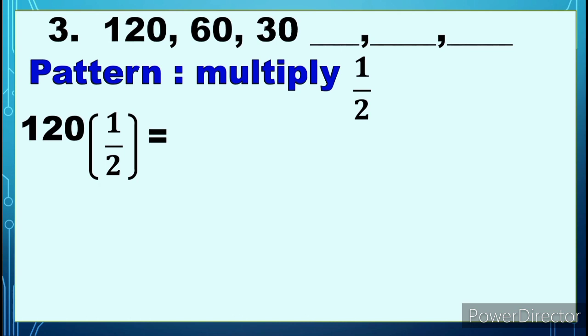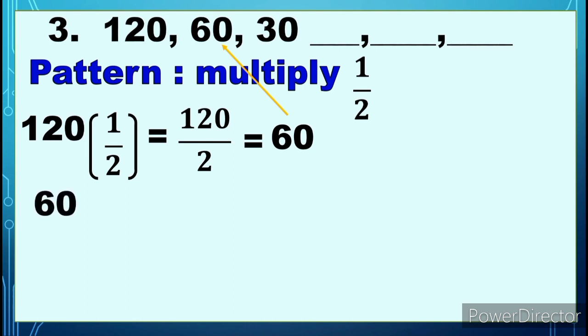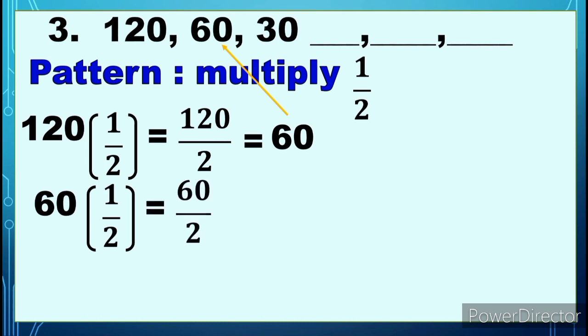So kung nagmumultiply tayo ng fraction, minumultiply natin ang numerator sa numerator, denominator sa denominator. Since 120 is whole number, ang denominator ay 1. So 120 times 1/2 is 120 over 2. So simplify 120 divided by 2, the answer is 60. Next, 60 times 1/2 is equal to 60 over 2.